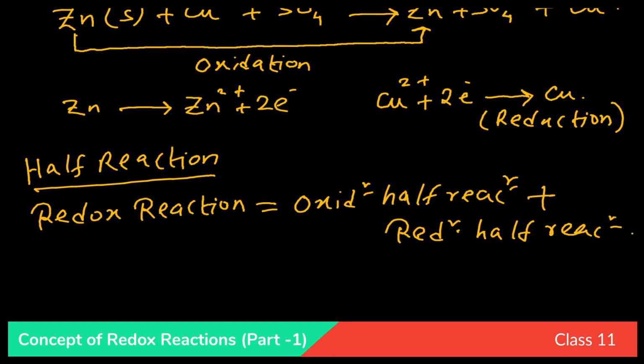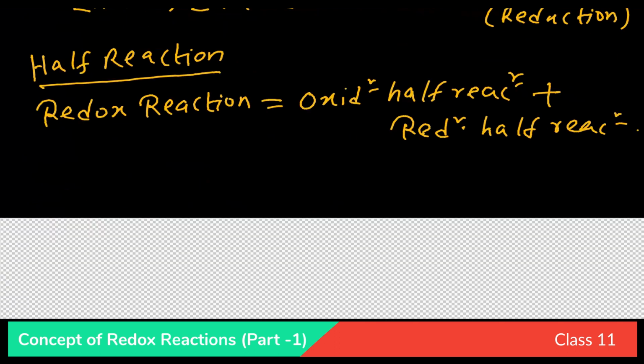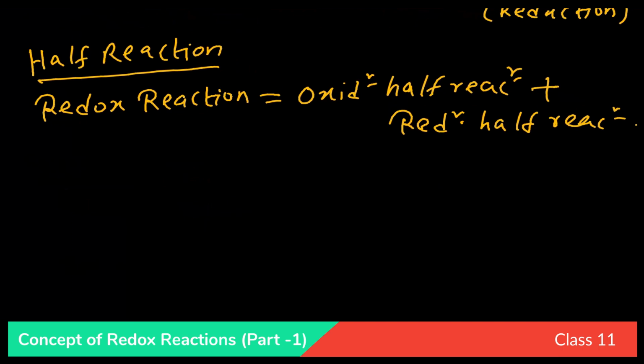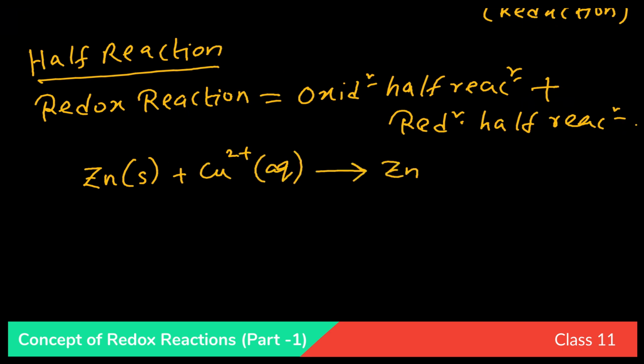These two half reactions combine to give a total redox reaction. Okay, so we will just discuss the above example in order to understand this concept. Suppose I'm again writing Zn solid plus Cu2+. This is giving me Zn2+ plus Cu. Okay.